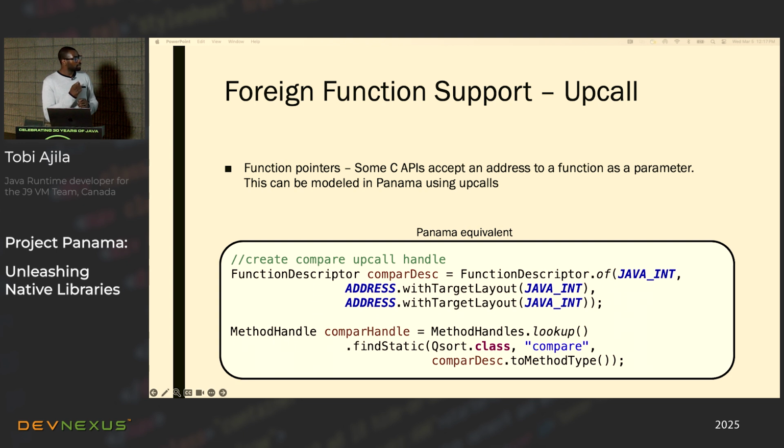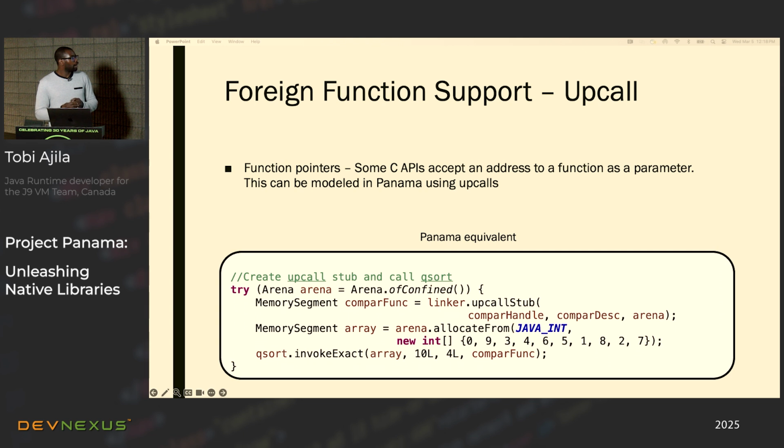Then we create a method handle that points to a Java function that does a comparison. In this case, I haven't shown the code, but I have a qsort class that has a function called compare, and I'm going to create a method handle to that method.